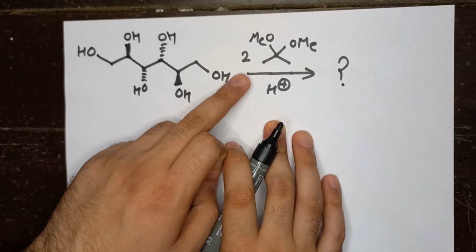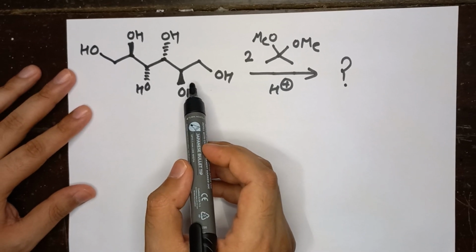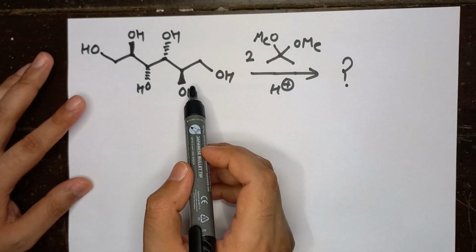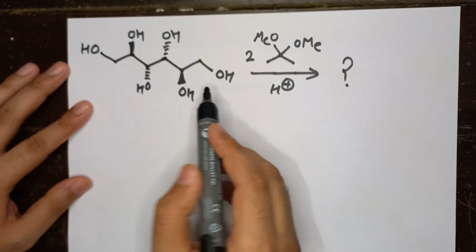Well, I have only two equivalents, so I can do only two protections, with two diols. Correct? Let me number them.